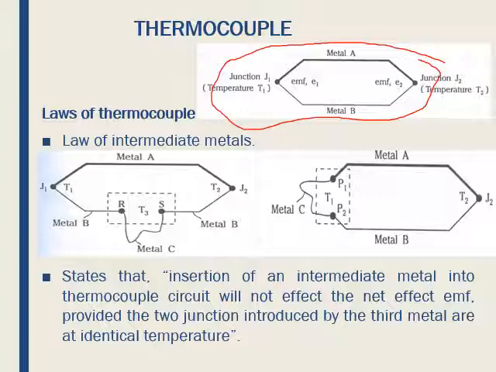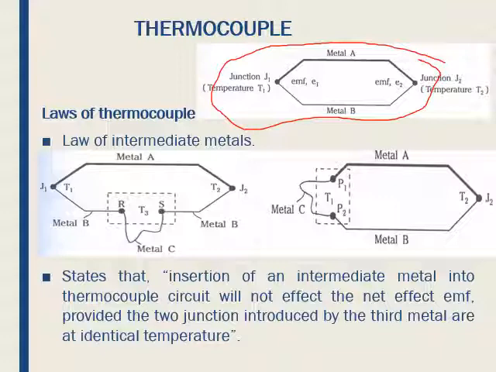Whereas the second law, that is the law of intermediate metals, states that insertion of an intermediate metal into the thermocouple circuit will not affect the net EMF, provided the two junctions formed by the third metal are at identical temperature. That is, when a thermocouple is used, it is usually necessary to introduce additional metals into the circuit. This happens when an instrument is used to measure the EMF, and when the junction is soldered or welded.